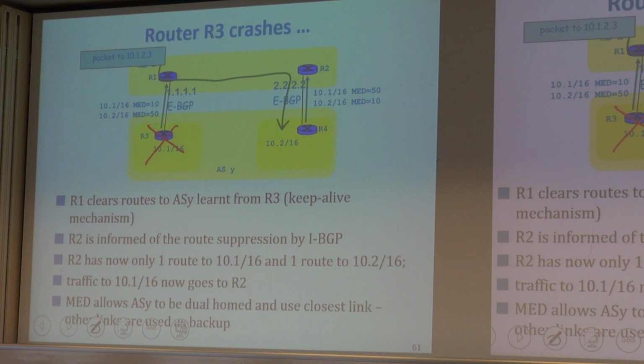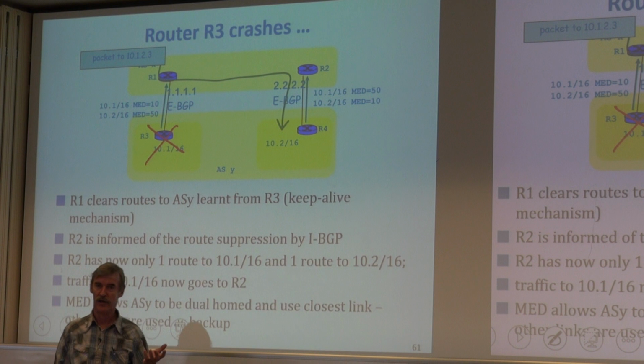Now, this route withdrawal will carry along all the BGP meshes, so R2 will learn about it. And now R2 will have only one route, so the decision process will have an easy job. And all traffic that goes to 10.1 will go, and similarly R1 will also have only one route, because R1 had two routes to that prefix. The one it had preferred, but the other one.